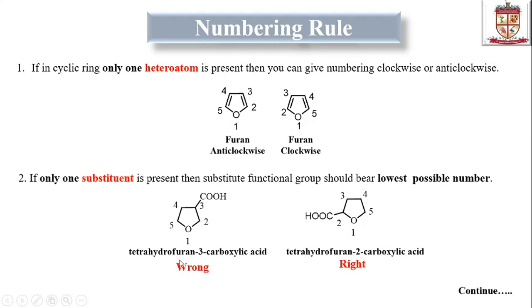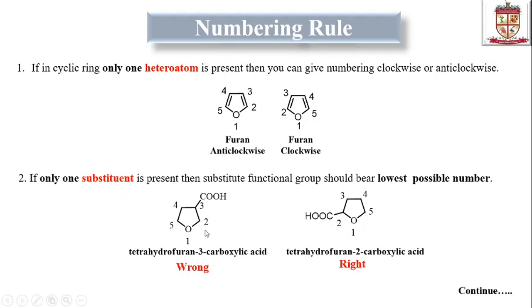In this case, this is tetrahydrofuran 3-carboxylic acid and this is tetrahydrofuran 2-carboxylic acid. In that case, this is the functional group known as carboxylic acid, and this functional group should bear the lowest possible number.